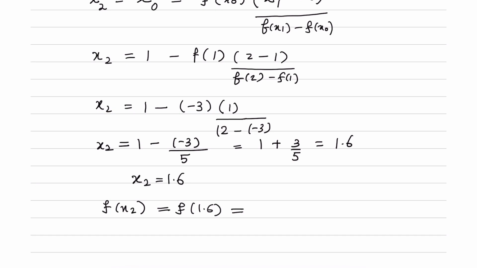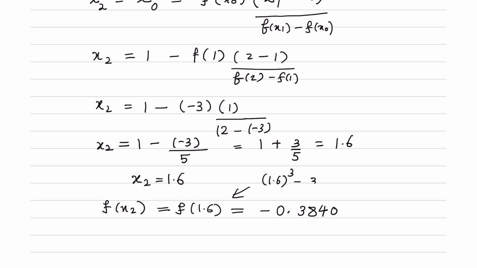We have the function x cube minus 3x squared plus 7x minus 8. Here in the place of x, we will put 1.6. When we find the value of the function at 1.6, you will see that it is minus 0.3840. How did we get this? We plugged 1.6 in the function.